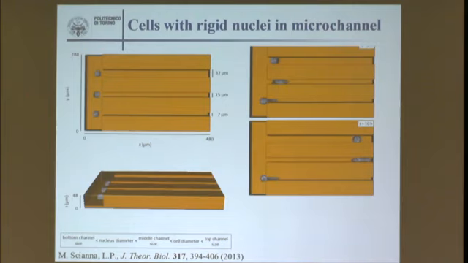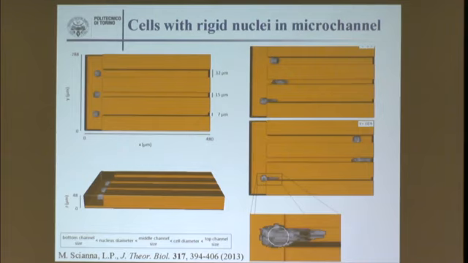and how the speed is related to this geometric feature of the microchannels. This is the case in which the nucleus is stiff, and so you see that the cell would like to penetrate into the microchannel, and you see the extension of the cytoplasm, but then the nucleus is lagging behind and will not be able to penetrate into it.